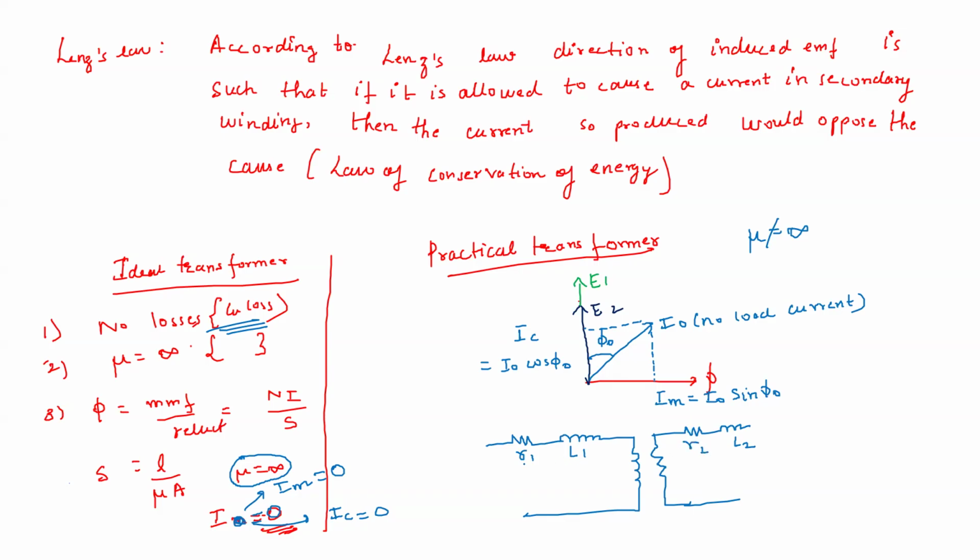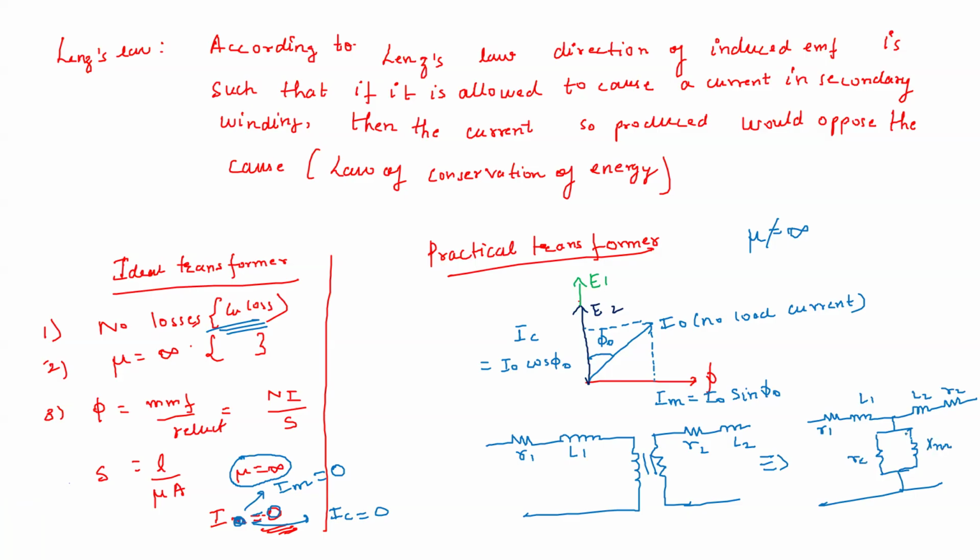So let us say that the resistances are R1 and R2 respectively. Now, I draw the equivalent circuit diagram for the magnetic part in between. So this is R1, L1, L2, R2, and this is RC and XM.